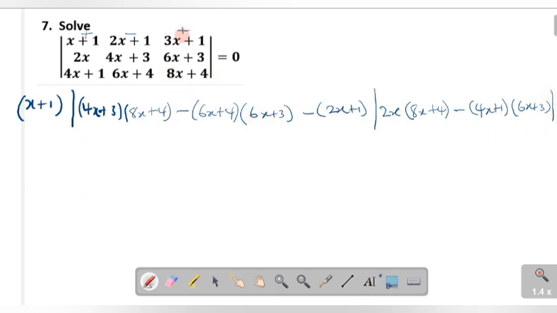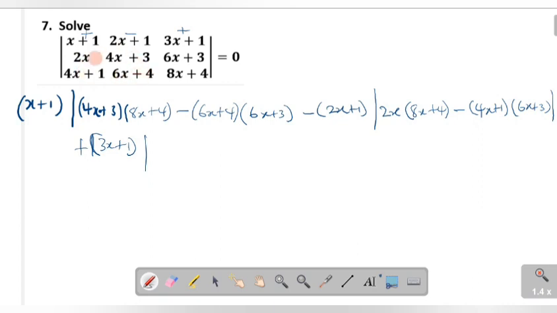Then you now come to this place, the sign is plus, so you have plus 3x plus 1, then you cancel the top row and the last column, so you are left with 2x, 4x plus 1, 6x plus 4.